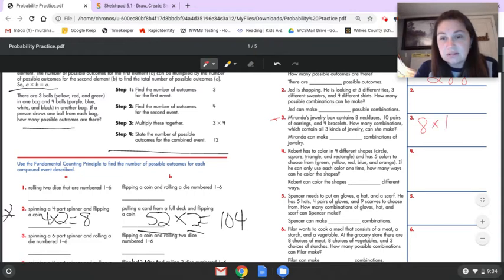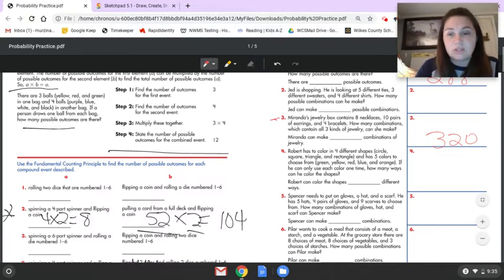There are 10 possible earring outcomes, and then there are 4 possible bracelet outcomes. So if she wants to use all 3 types, we would just multiply this out again, and we would get 8 times 10 is 80, and 80 times 4, we would see that there are 320 possible outcomes or possible combinations of jewelry.